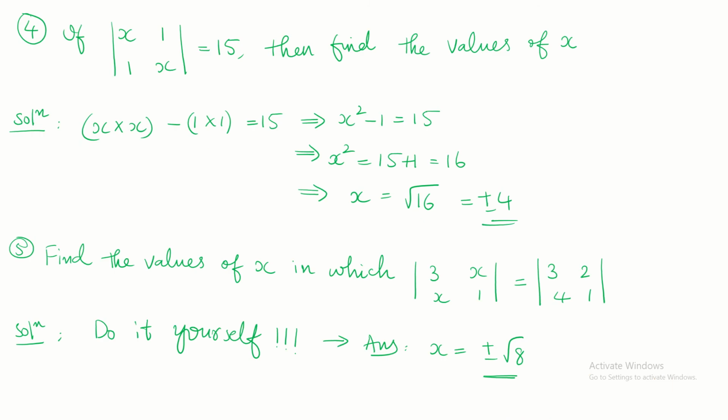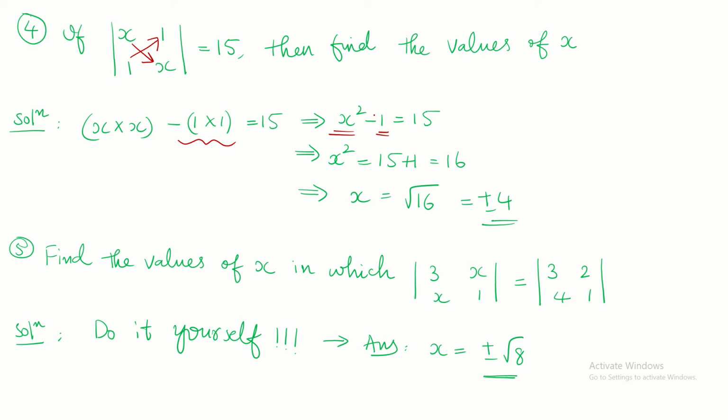Similarly, next question. If the determinant of x 1, 1 x is equal to 15, then find the values of x. So here, the determinant is x into x minus 1 into 1. X into x is x square, 1 into 1 is 1, and in between you have a negative sign, subtraction, equal to 15.